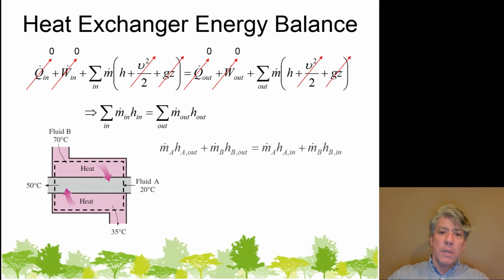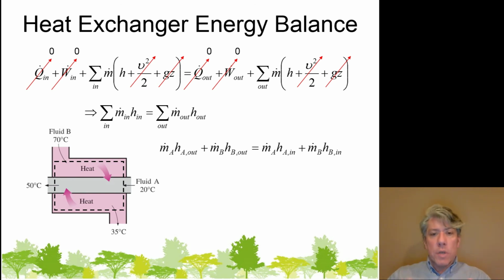Now, just like the mixing chamber, we end up at this equation, but now we have two inlets and two exits, and so we can talk about the mass flow rate at A, or basically the power carried in by stream A, and the power carried in by stream B. Both of those streams coming in for A and B, to the right and at the top, carry energy into the heat exchanger, whereas the two exiting streams carry energy out of the heat exchanger.